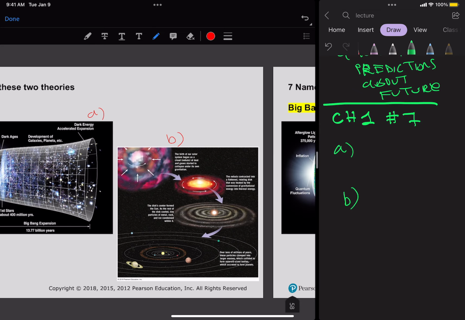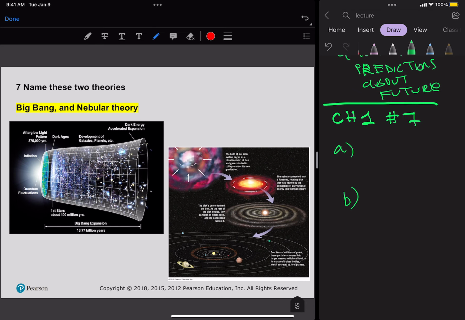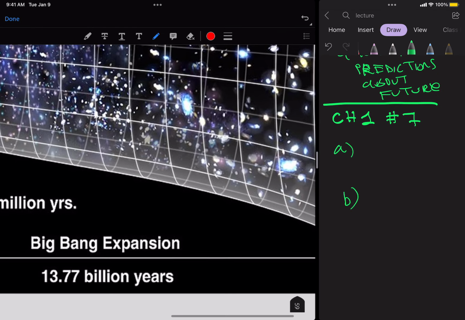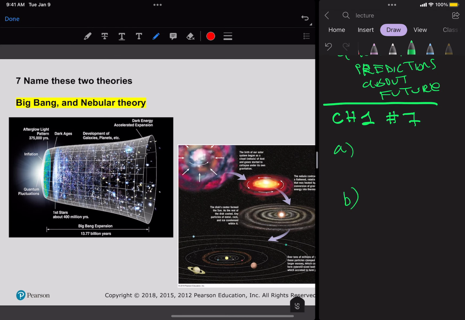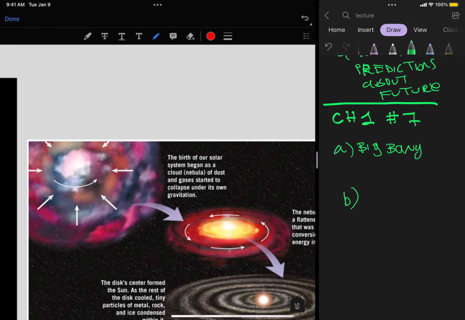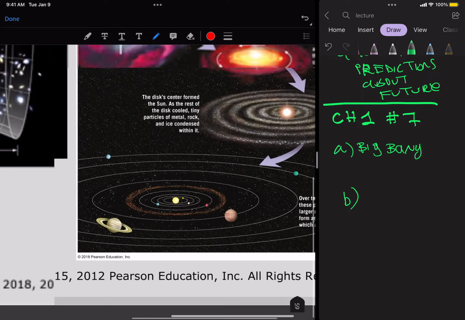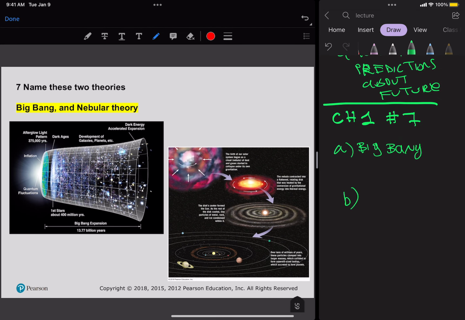From the picture here, the first one, you see galaxies there, so this is the universe, and actually it was written right there. So the first theory is the Big Bang theory, which is about the formation of the universe. And the second theory, you can see a cloud collapsing into a disk, and you have the sun and the solar system at the center. So that is the nebular theory.